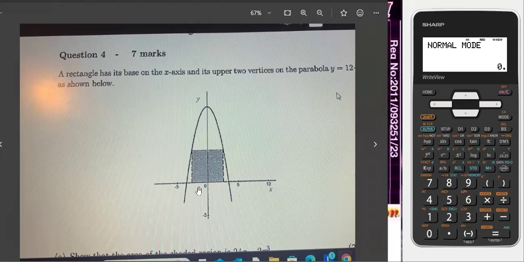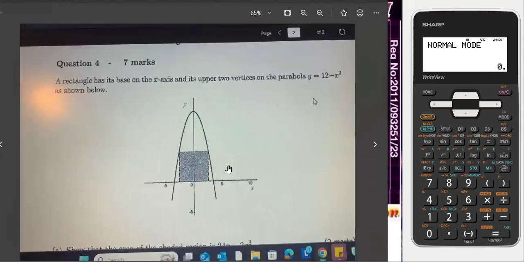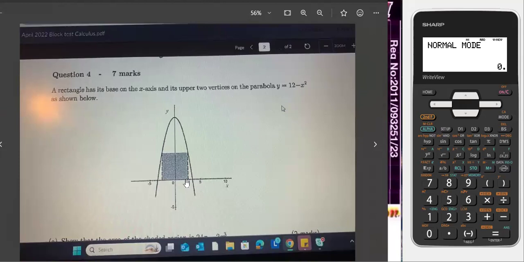Are we okay with that? Therefore, to get the height, I can't use twice x, I must use x. The coordinate must be put into the parabola.